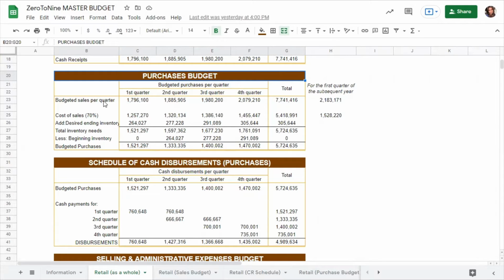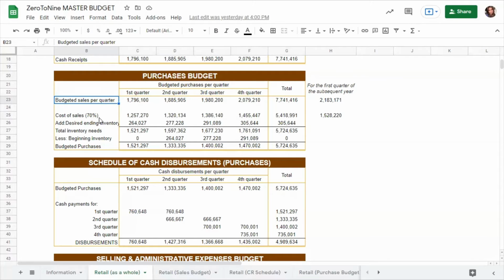So in order to obtain our budgeted purchases for all products, we have to determine first the budgeted sales per quarter for all products. So this section here was computed earlier.